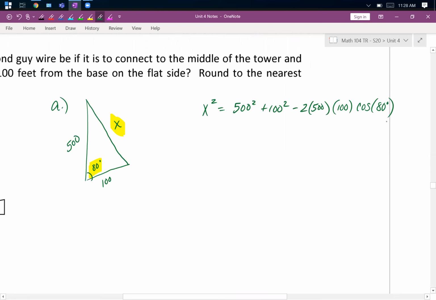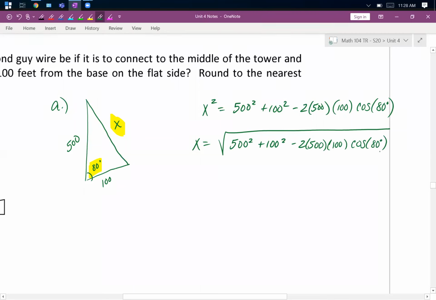And just like our previous example, I would just plug all this in my calculator at once. I know that x is going to be the square root of all this. So we want to plug in and round to the nearest hundredth.